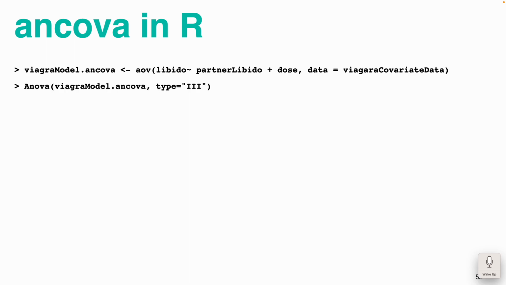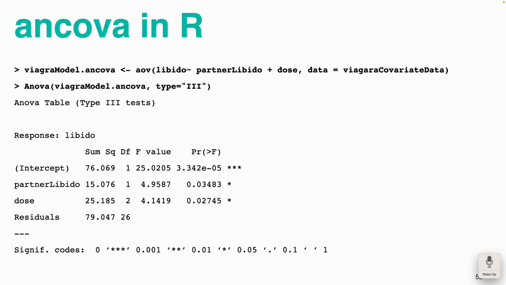And then we do this command: Anova with a capital A, Viagra model dot Ancova, type equals 3. This is a magic incantation that you do to do Ancova correctly. I'll explain why you do this, but it is actually critical. Okay? So we get this result.